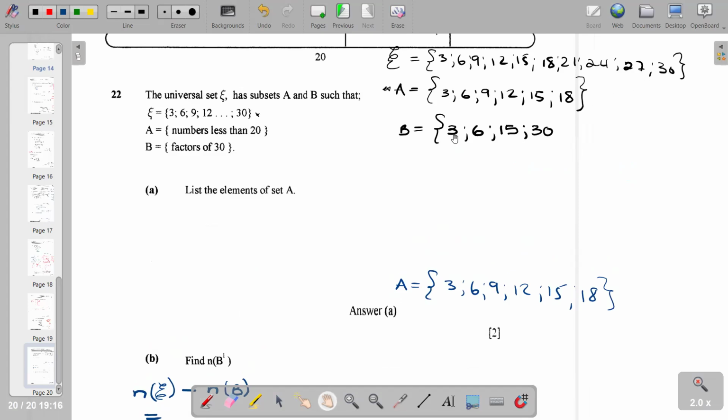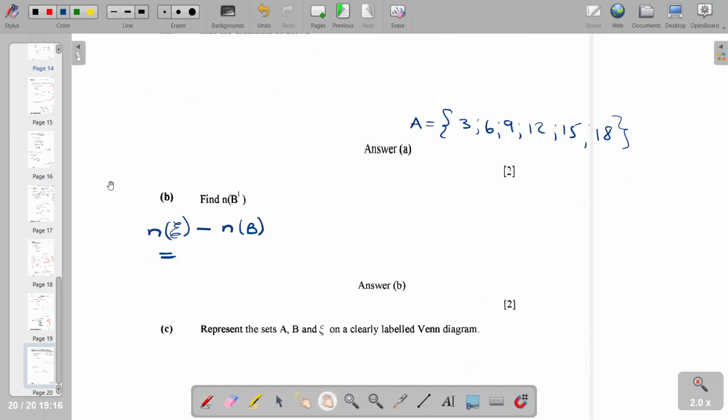What's in B? 1, 2, 3, 4. So that is going to be equal to 10 minus 4, which is equal to 6.